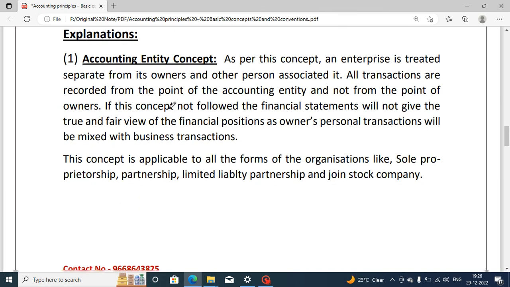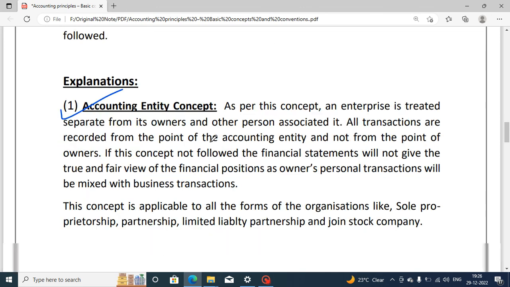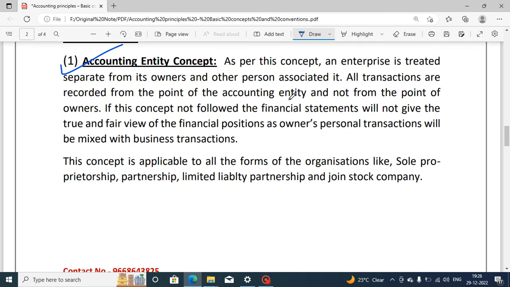The first principle is the accounting entity concept, or business entity concept. As per this concept, an enterprise is treated as separate from its owners and other persons associated with it. All transactions are recorded from the point of view of the accounting entity and not from the point of view of the owners.